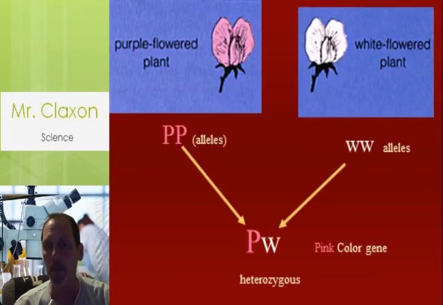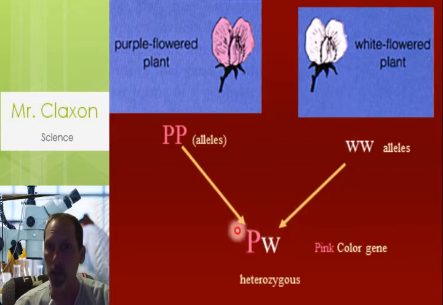So back to this example here. When you have this purple/pink flower, we cross that, fertilize it with the white flower pollen. What happens? We can use these letters to help us understand that you could get the pink allele from this flower, and you could get the white allele from this.